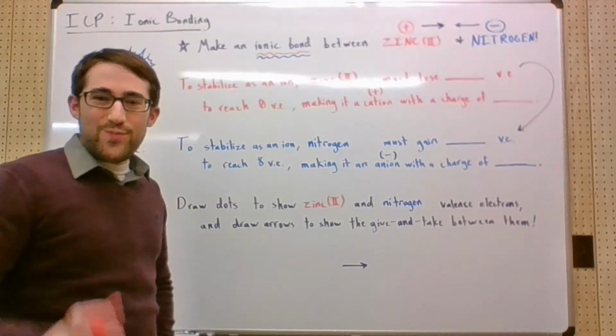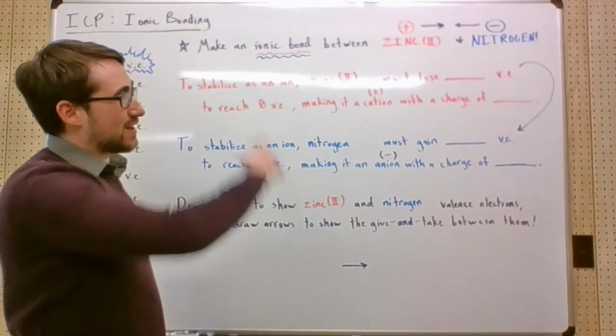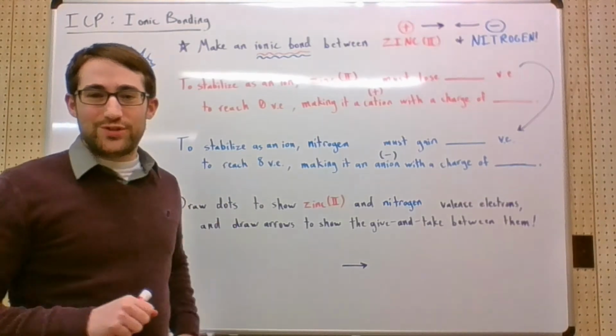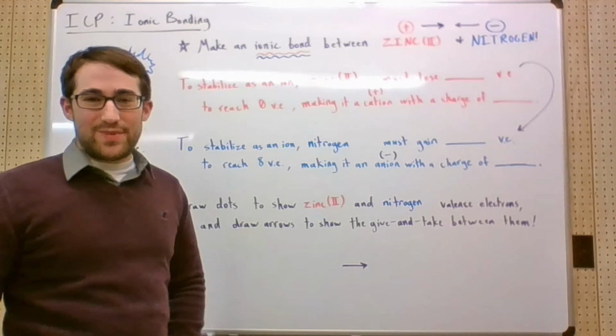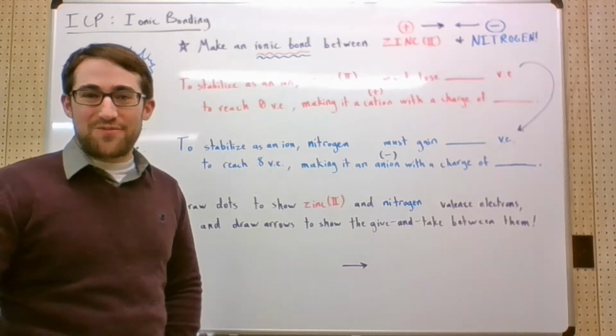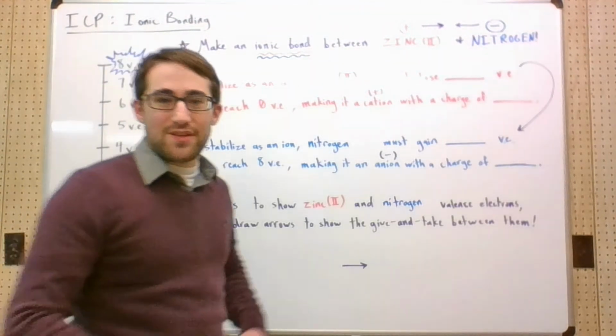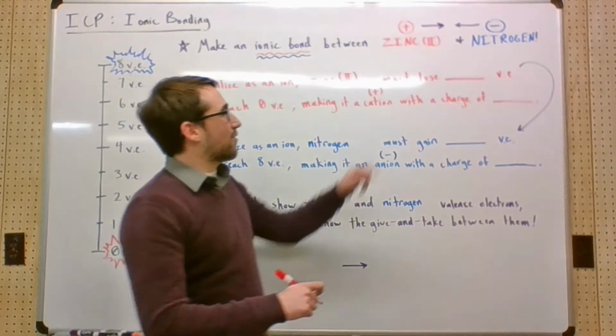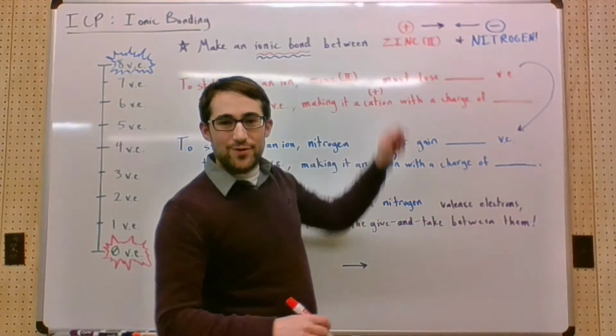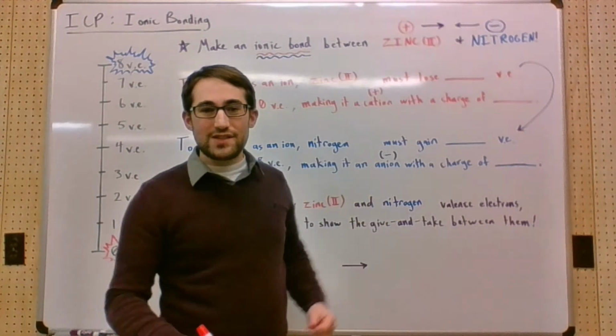Okay, let's do one more example where we are putting together zinc, Roman numeral 2, and nitrogen. Okay, so both of these are something we've seen before. We're just going to kind of put them together in a new way. Okay, so my zinc, Roman numeral 2, that Roman numeral 2 just means that I'm going to be losing 2 electrons.